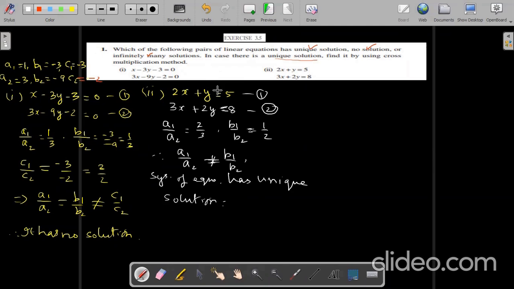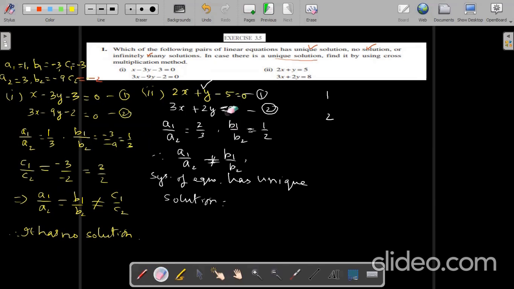The cross multiplication method, as I told you, starts from the coefficient of y. So you will write the coefficient of y, 1, 2, then bring 5 to the left hand side. So this will become minus 5 is equal to 0.